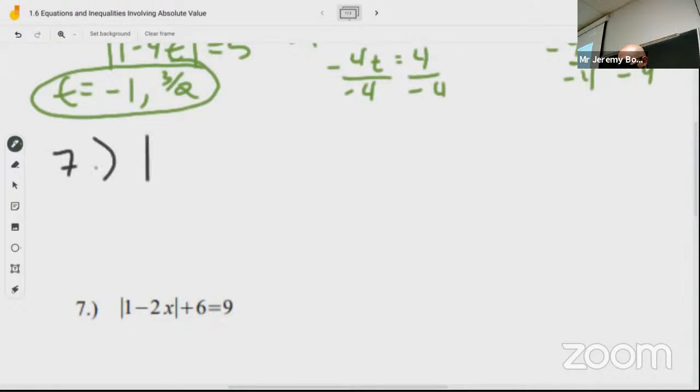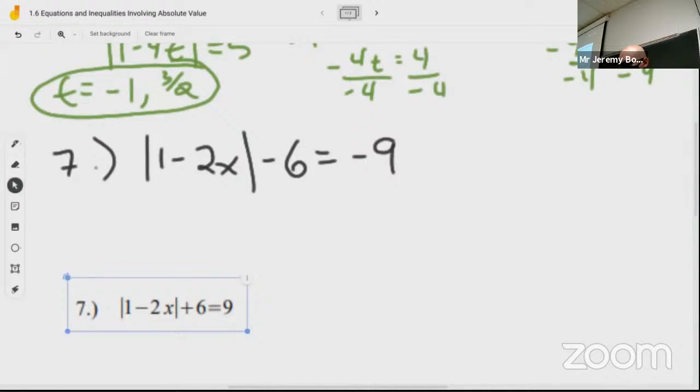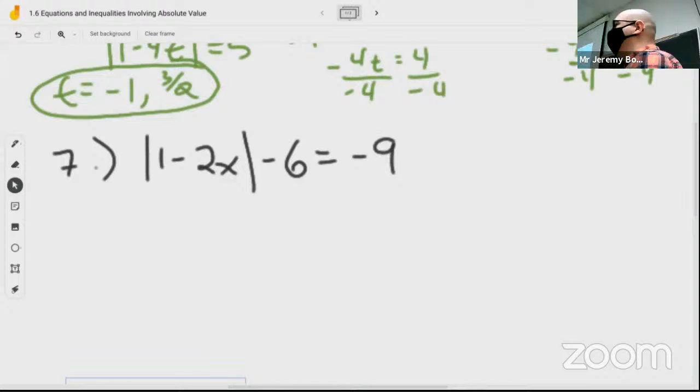I'm going to do the absolute value of 1 minus 2x minus 6 goes negative 1. What are we going to do there? We're going to add 6.